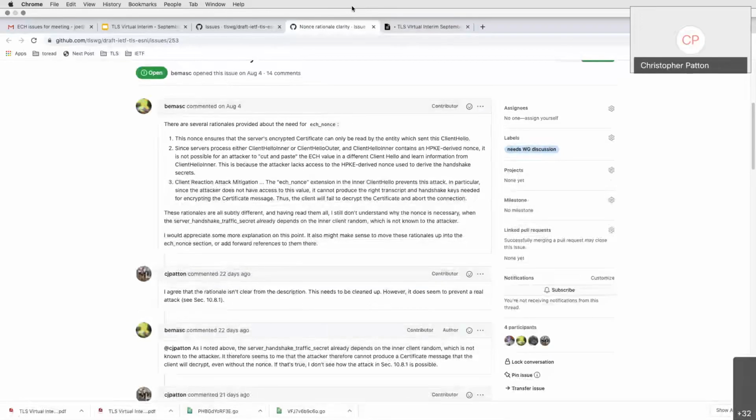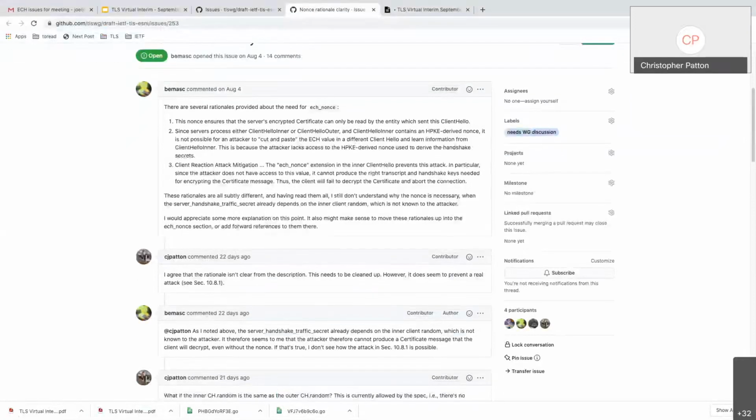It needs to be unpredictable to the adversary prior to the client consuming the server's first flight. I don't know if that's a useful distinction, but perhaps it is. But yes, it cannot be revealed before that point, certainly.